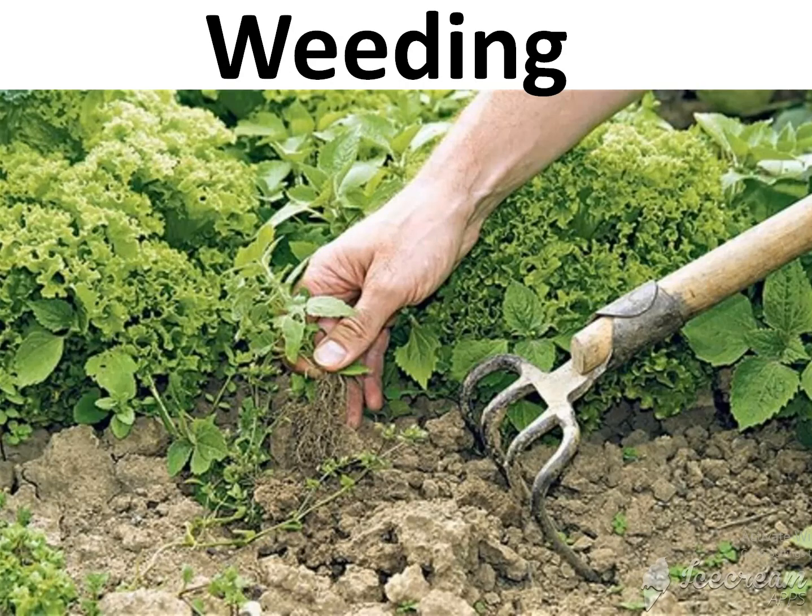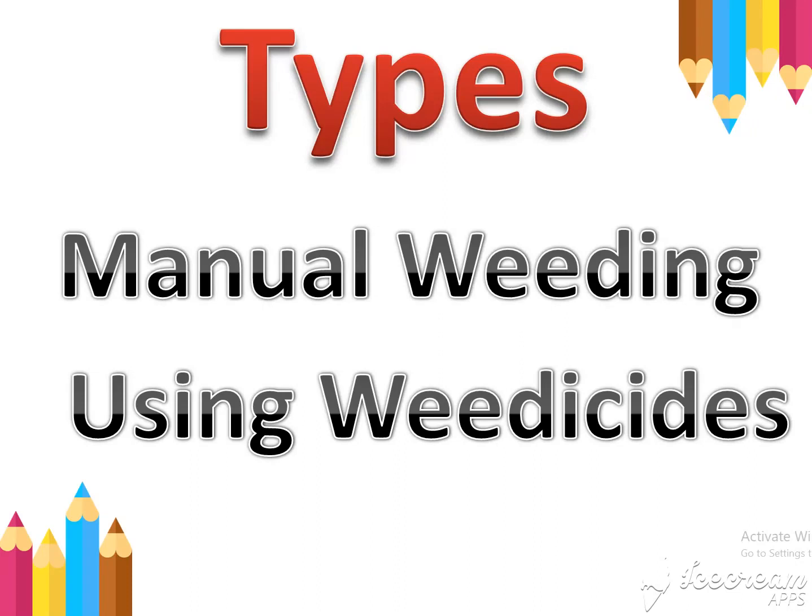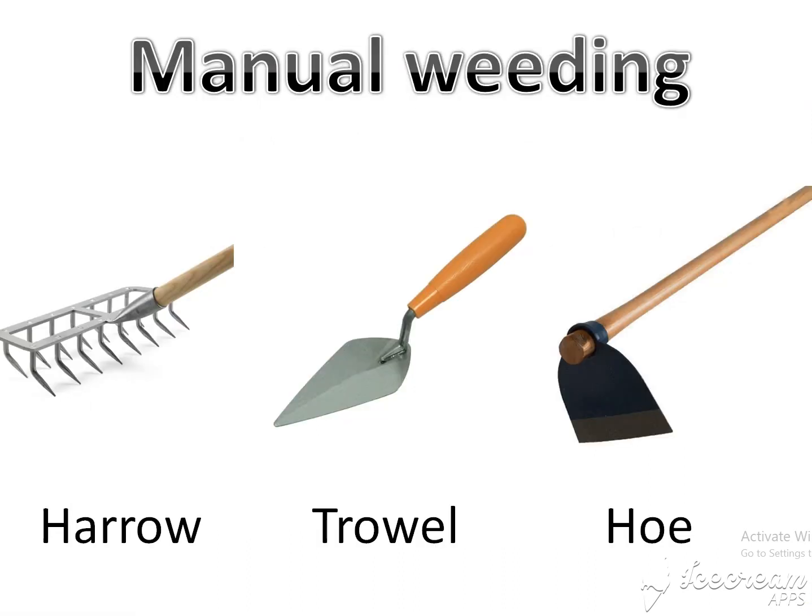The removal of weeds is called weeding, and this weeding can be done by two methods. One is manual weeding and the other one is using weedicides. Let us see the first one, manual weeding.